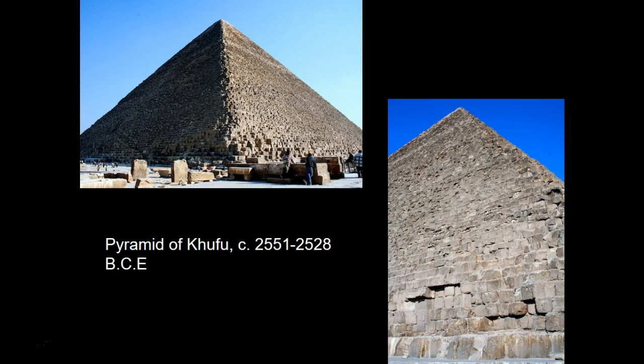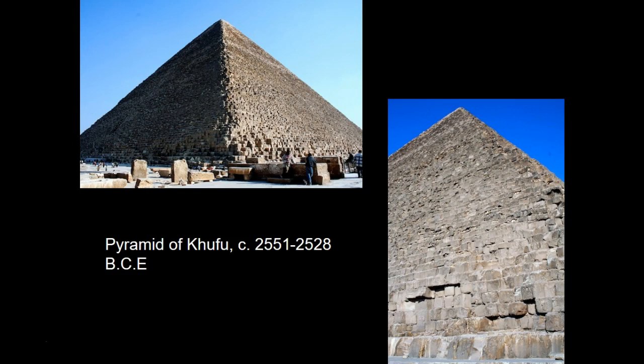An estimated 2,300,000 blocks, some of which were upwards of 50 tons, like the pyramids built by his predecessors and those that followed on the Giza Plateau. Khufu's pyramid is constructed of inner rough-hewn, locally quarried core stones, which is all we see today, and angled outer casing blocks laid in even horizontal courses with spaces filled with gypsum plaster.